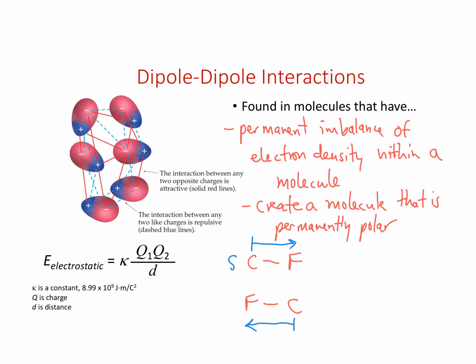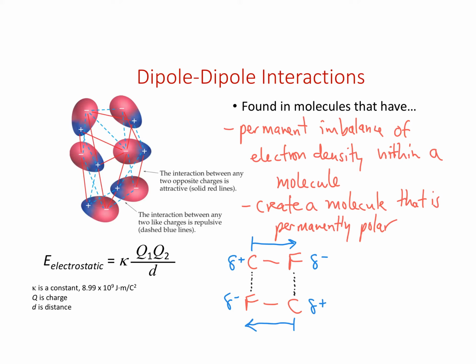That'll create a partial positive charge on the carbon, which will line up with the partial negative charge that's created on the fluorine when the fluorine pulls that excess electron density toward itself. And so an ion-dipole interaction is simply that. It's going to be the attraction between the partial positive on the carbon and the partial negative on the fluorine. So there's my ion-dipole interaction.